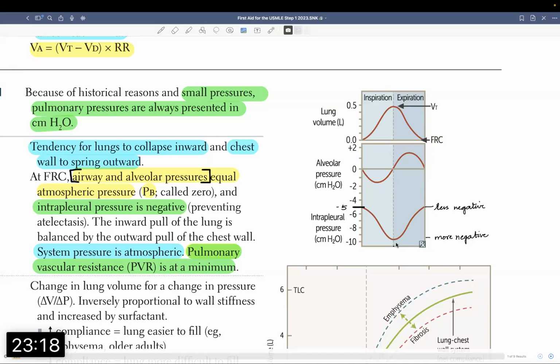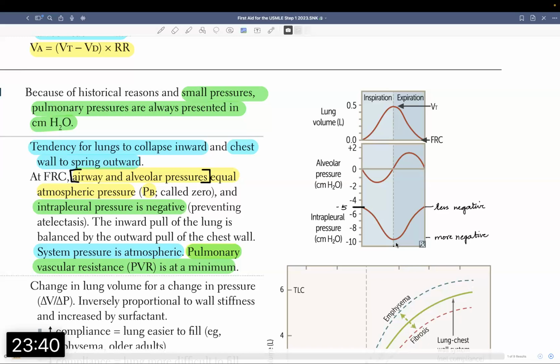Okay. So yeah. So more negative here means pressure is increasing, and less negative here means pressure is decreasing. Yes, that's why. Sorry, I didn't mention that. More negative means pressure is actually dropping.